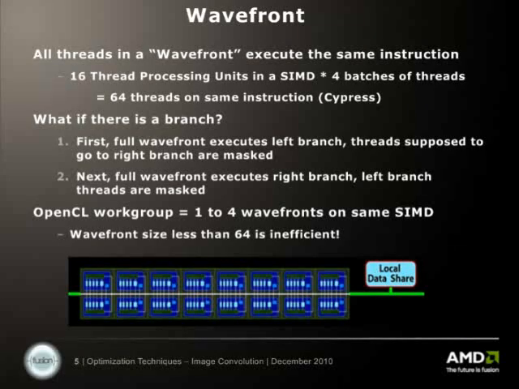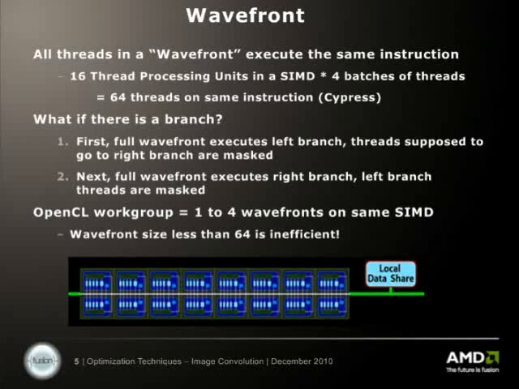So now we have talked about all of these 64 work items executing just one instruction. So what happens if there is a branch in the code, right? What happens, for example, if there are 63 work items that have to go towards the left branch, and there's just one odd work item, because of some boundary condition or something else, that has to go to the right branch, right?